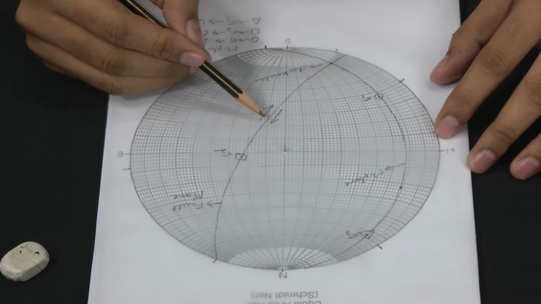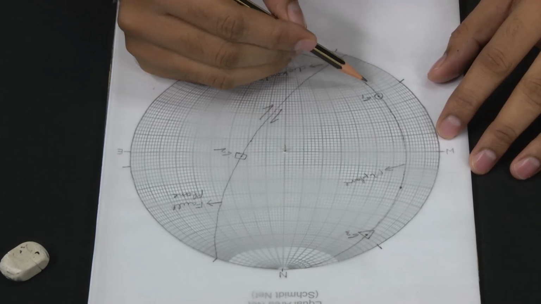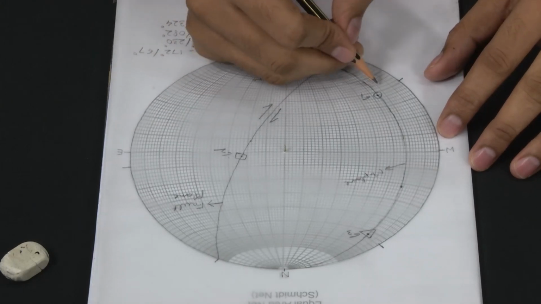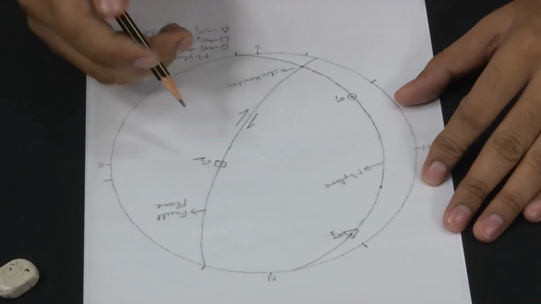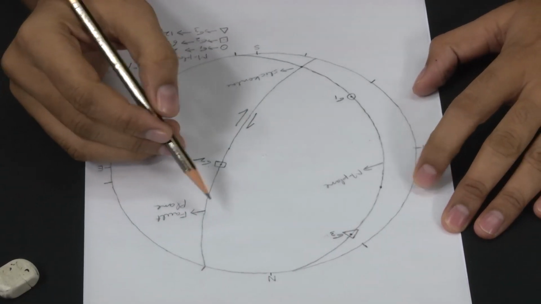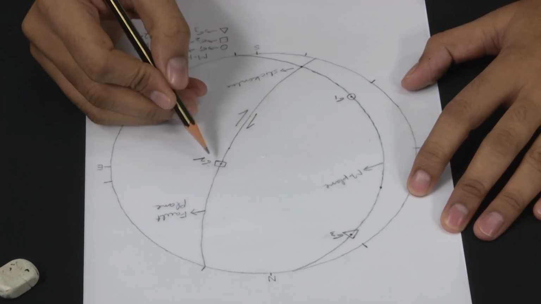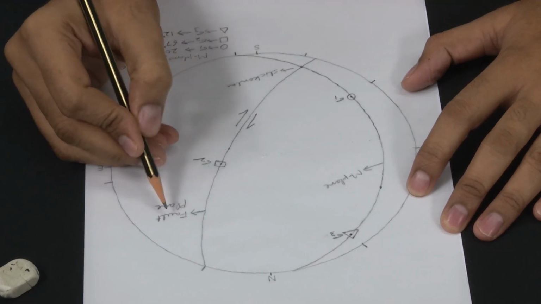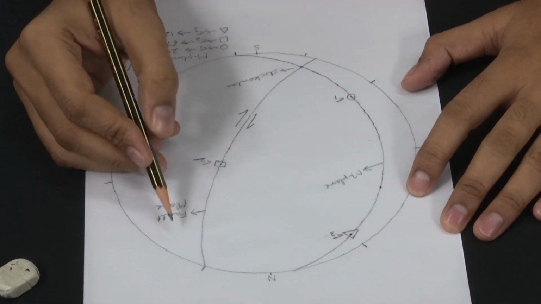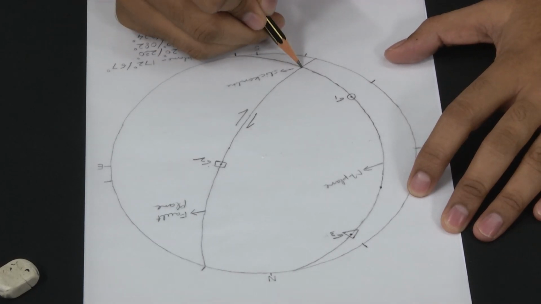Since this is the dextral strike slip fault, we will count theta 30 degrees clockwise. So, this is the complete plot. This is the dextral strike slip fault which was given in the question. The strike and dip have been given, as well as the trend and plunge of the slickenside line.